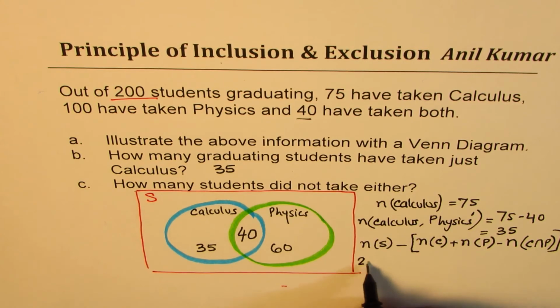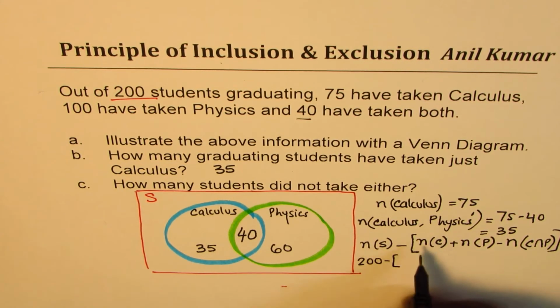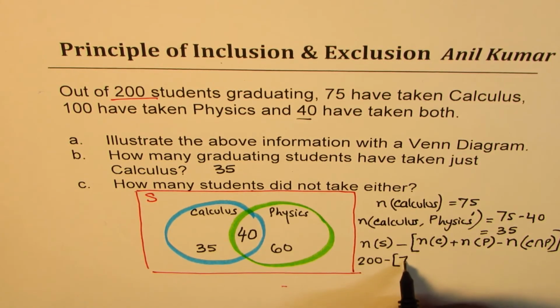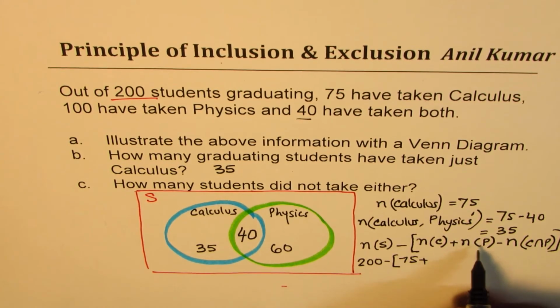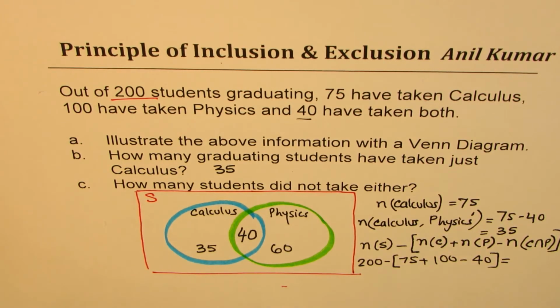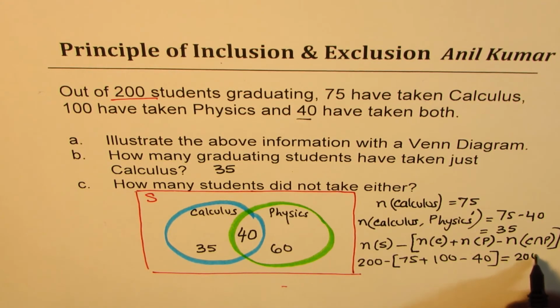200 are total students. Perfect. Minus the number of students taking calculus is 75. Plus for physics is 100. Take away 40. Perfect. So that gives you the answer. So we have 135 to be taken away from 200. So 200 take away 135.